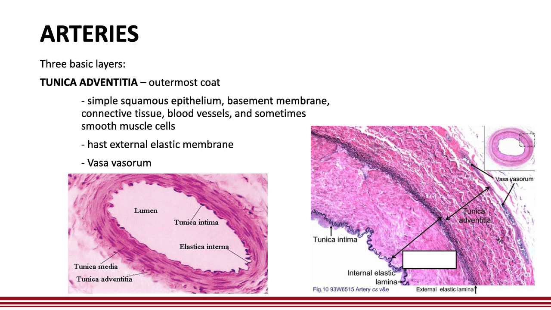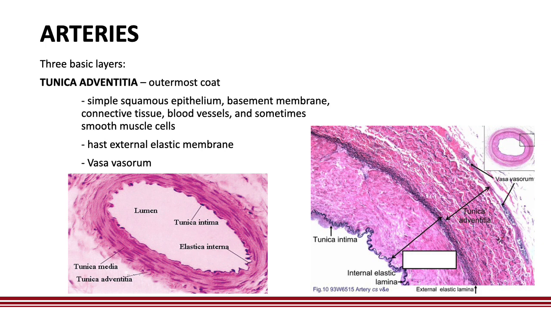It is composed of a simple squamous epithelium, which is separated from the rest of the artery by a basement membrane. Coursing through the adventitia is loose connective tissue, blood vessels, and occasionally nerves and smooth muscle cells.